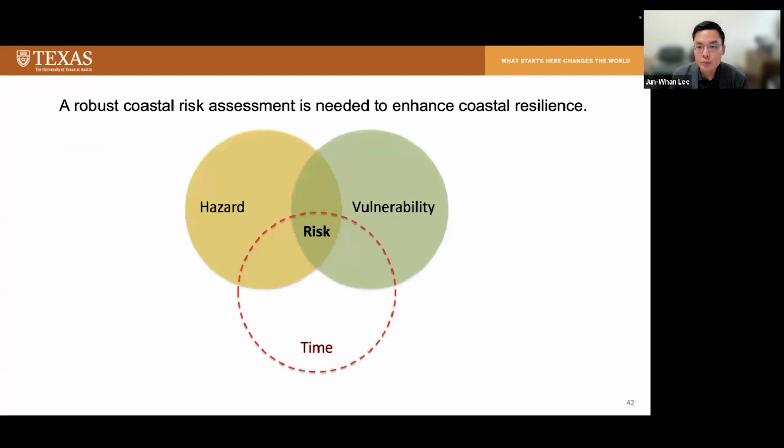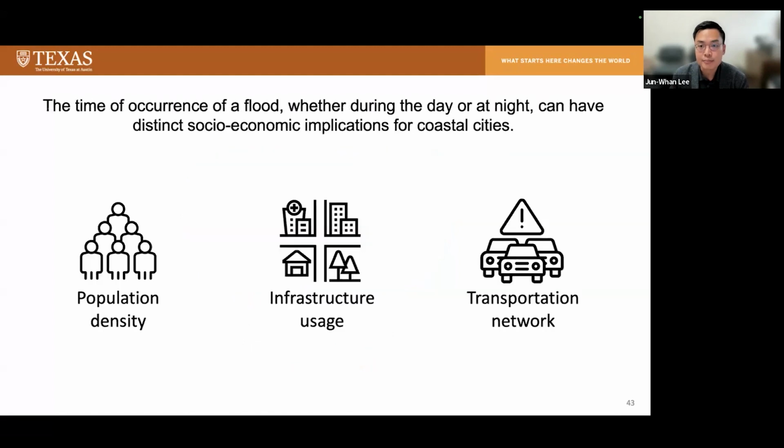Building upon the storm surge machine learning model and hazard assessment framework, we are expanding our research into the field of risk assessment, which considers both hazards and vulnerability to enhance coastal resilience. These projects focus on the temporal dimension of coastal flood risk assessment, examining how flood occurrence during the day and night can have distinct socioeconomic implications for coastal cities.